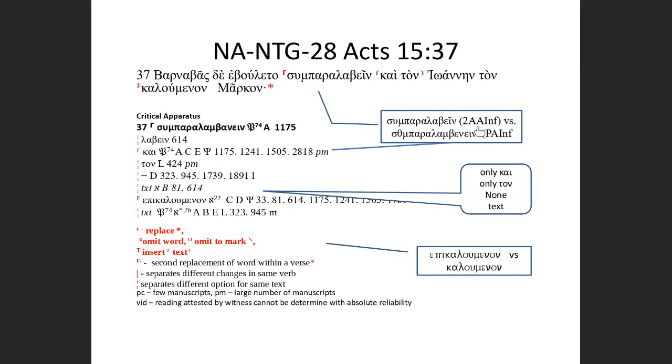The first one, sum paralaben, is a second aorist active infinitive, and in the other, you may have a present active infinitive, paralambanen, as opposed to sum paralaben, which is second aorist.